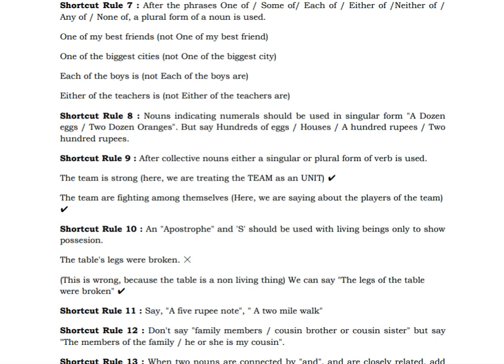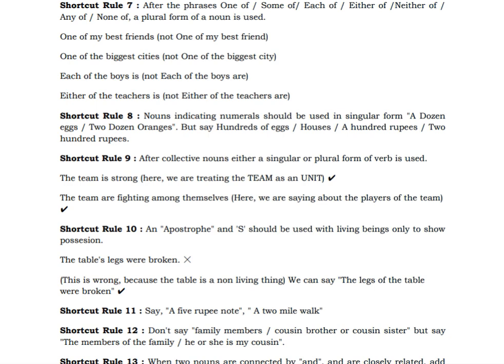After collective nouns, either a singular or plural form of verb is used. So collective noun, team. You can use any of these verb forms depending upon what it means. If it's one unit, then you have to use singular form.